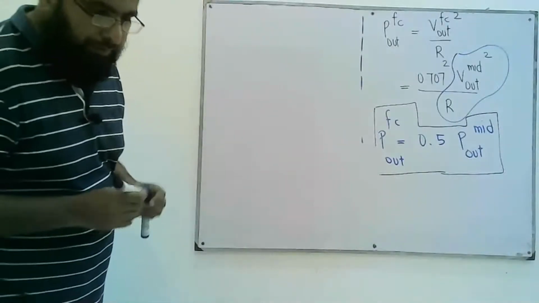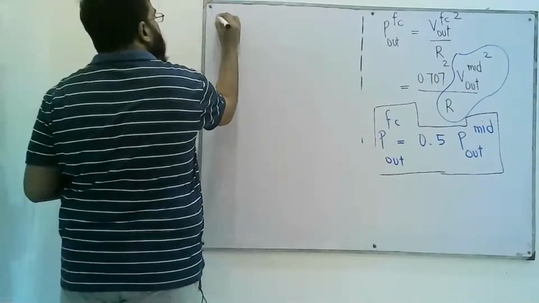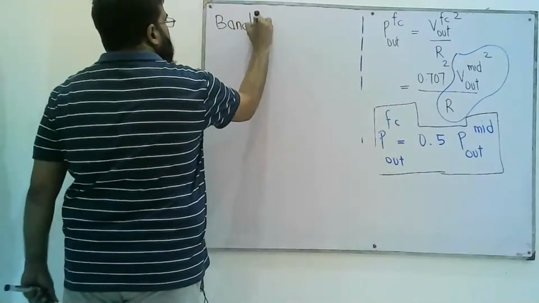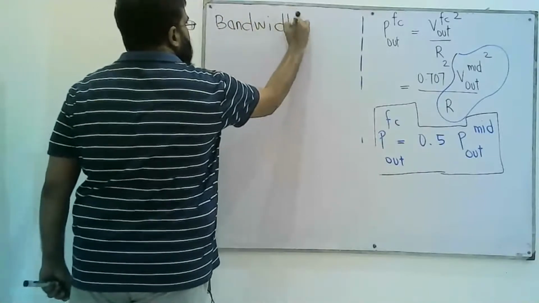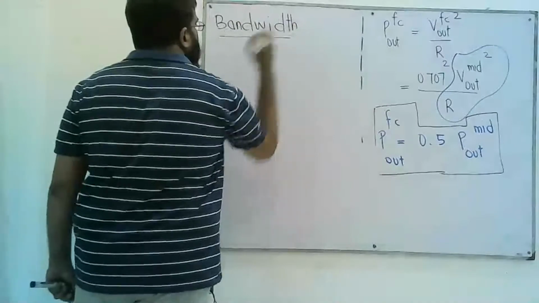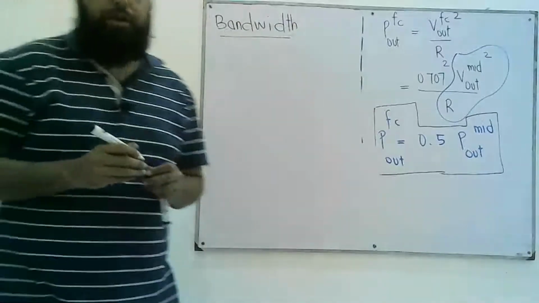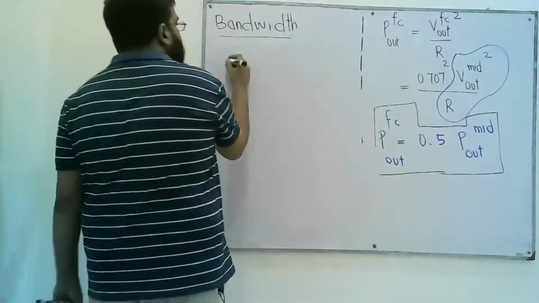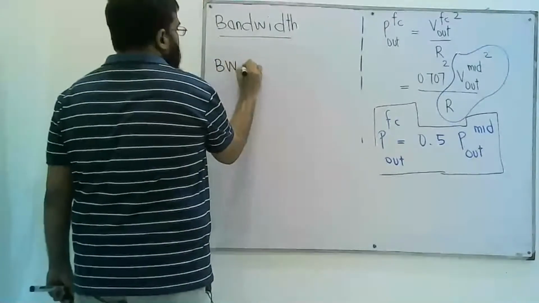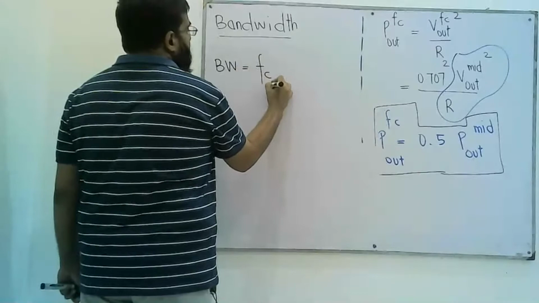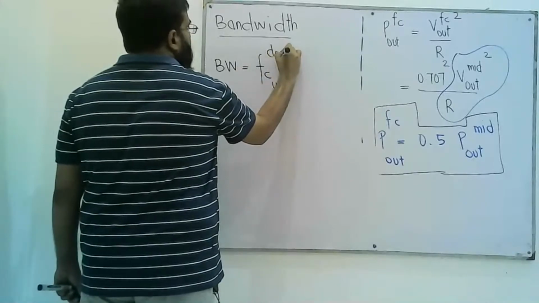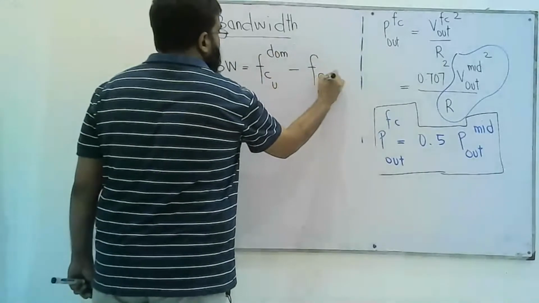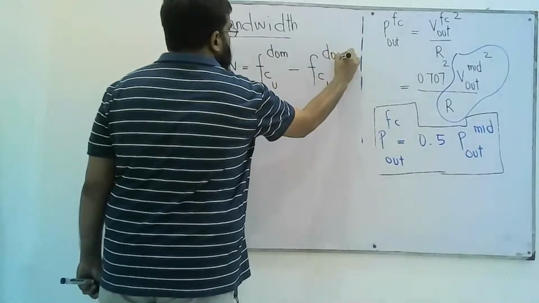One other thing that we'll study in this lecture is bandwidth. Bandwidth is the range of frequencies between the upper and the lower cutoff frequencies, and they should be dominant: Fc upper dominant minus Fc lower dominant.